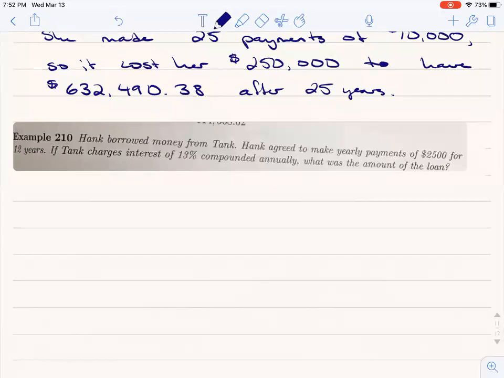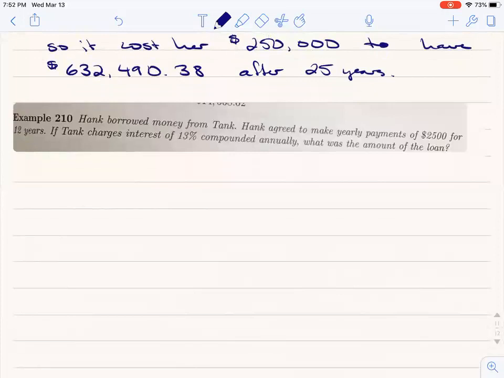Hank borrowed money from Tank. Hank agreed to make yearly payments of $2,500 for 12 years. If Tank charges interest of 13% compounded annually, what was the amount of the loan? First, let's note that the payments per year is 1, and the compoundings per year is also 1.